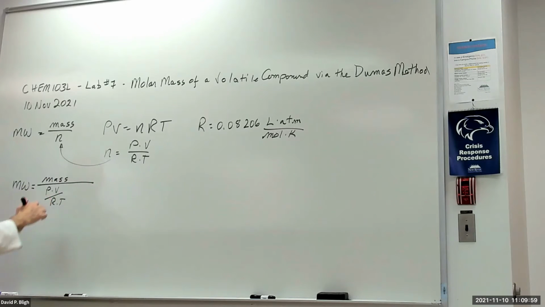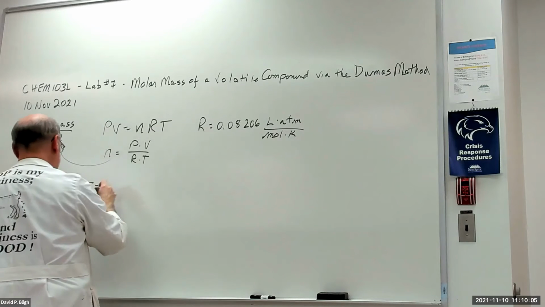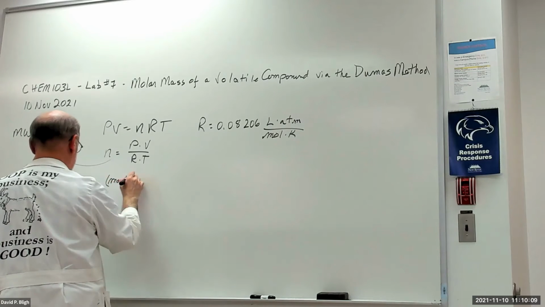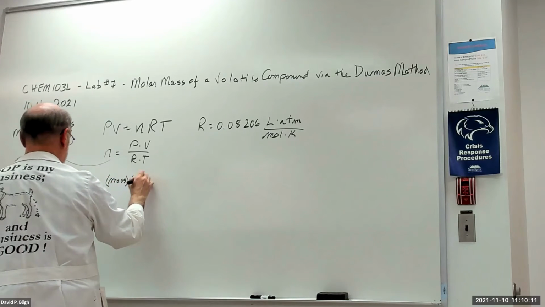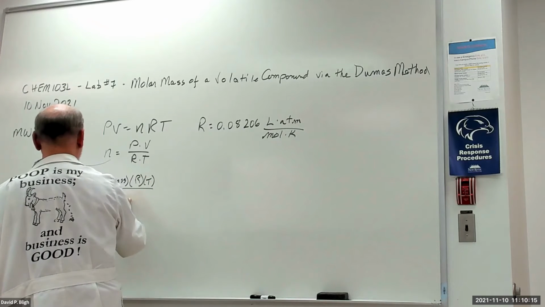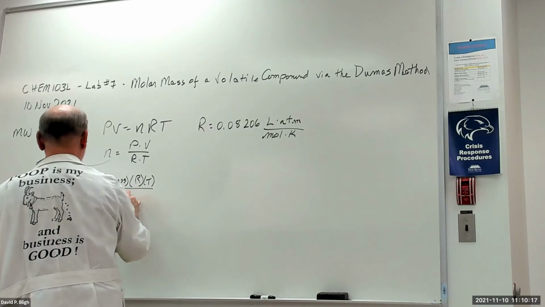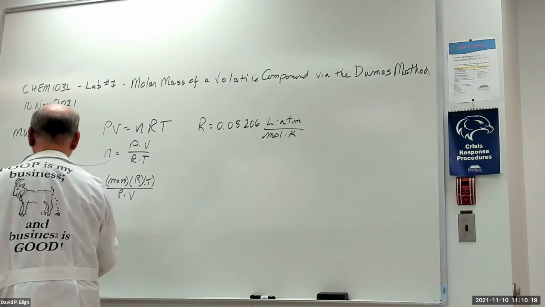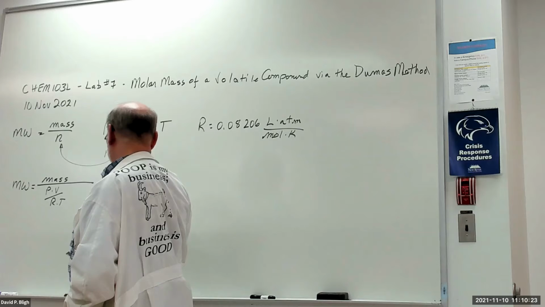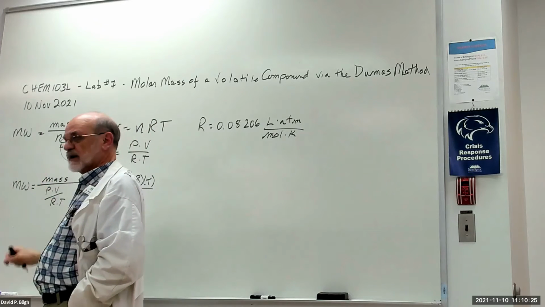If we flip it around, like the denominator of the denominator is the numerator, we just flip that. Now we have mass times R times the temperature in Kelvin divided by pressure in atmospheres and volume in liters. If we get all of these values, we can solve for the molecular weight.